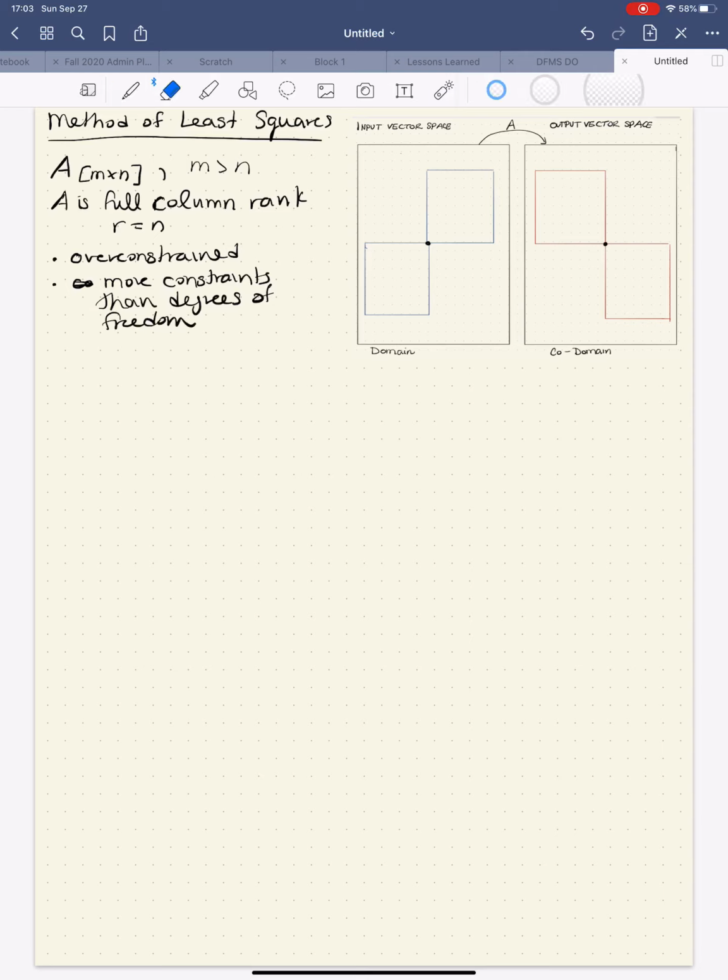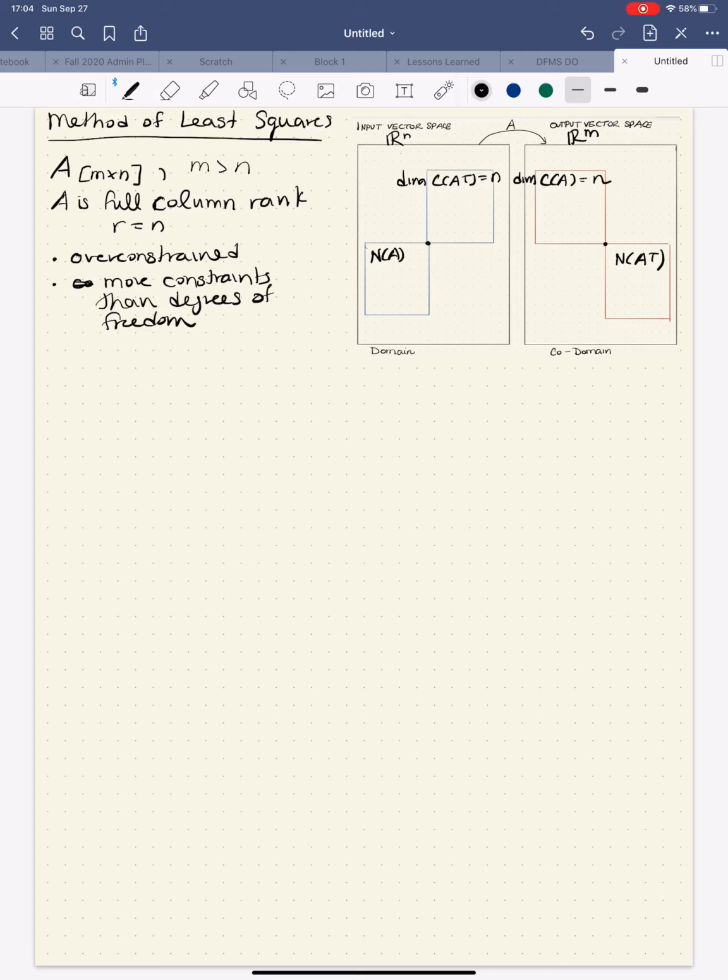So think about what's happening here. We have an input space, which is Rn, and our output space is Rm. And here's our column space of A transpose, column space of A, the null space of A, and the null space of A transpose. If you are looking at the rank here, what you notice is that the dimension of the column space of A is going to be equal to n, as will the dimension of the column space of A transpose.